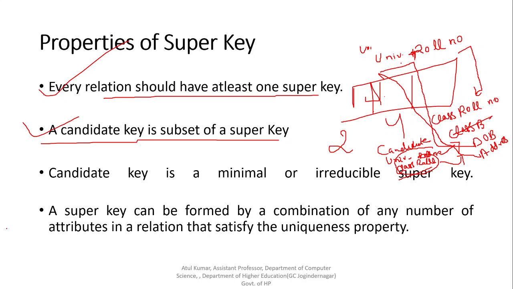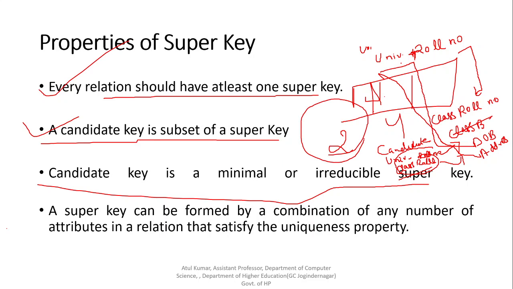Next we have, a candidate key is a minimal or irreducible super key. In this example we have only 2 attributes in the candidate key, and these are minimal, that is, we can't subdivide these attributes any further, and they are irreducible, meaning they can't be broken down into the next level of attributes.